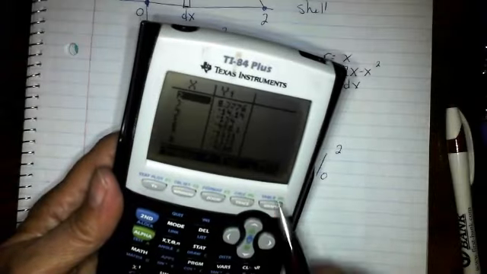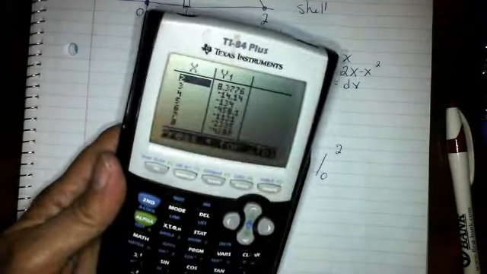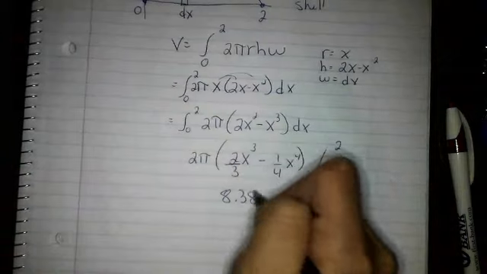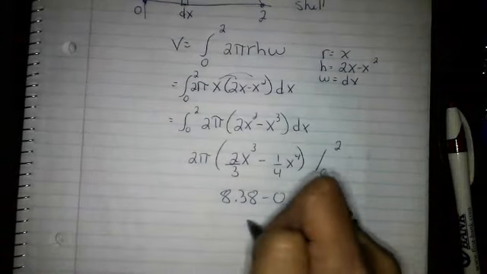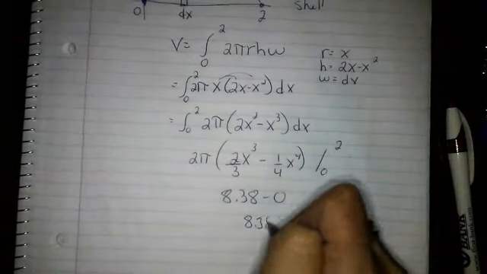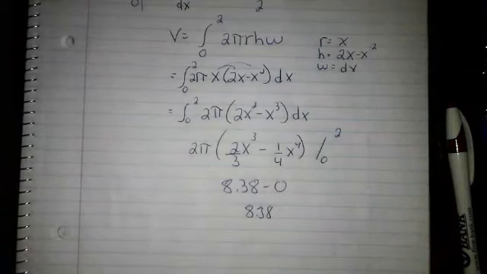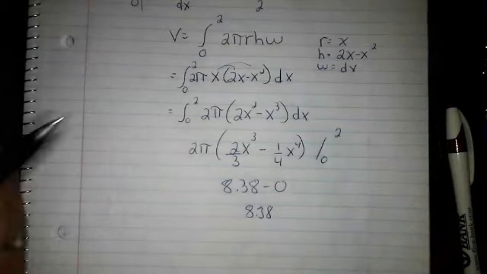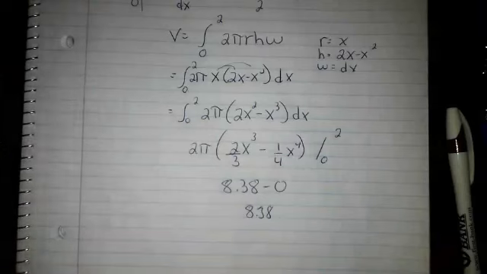Table, I'm getting 8.38. And then minus 0. And there it is. So, kind of nice that there's not any squares in there. Practice another one. See if you can get the rectangle the right way in the region and go from there.